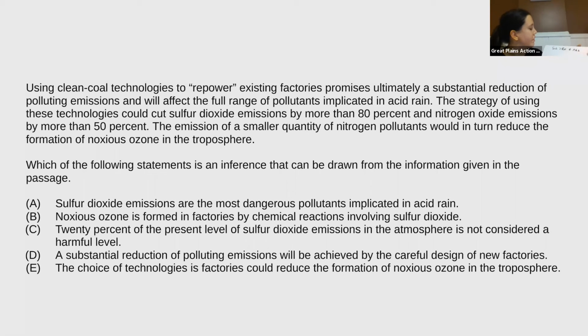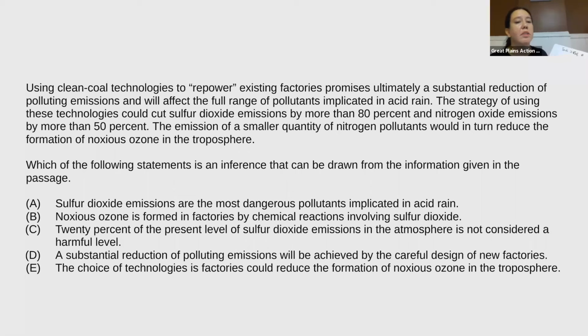All right. So if we use this technology, we can reduce emissions. I'll put that, and affect acid rain reduction. The strategy of using these technologies could cut sulfur dioxide by more than 80% and nitrogen oxide emissions by more than 50%.